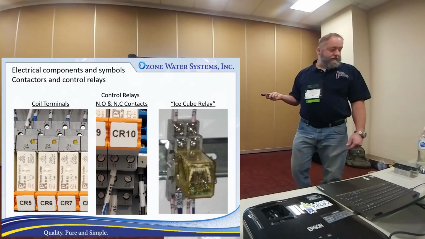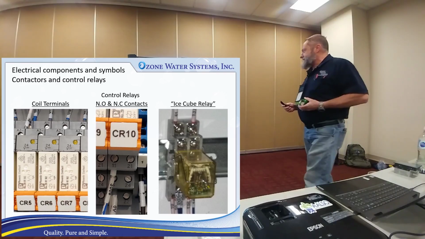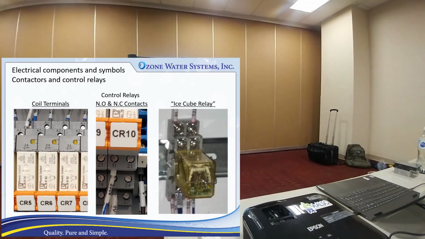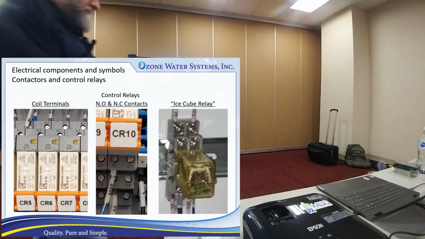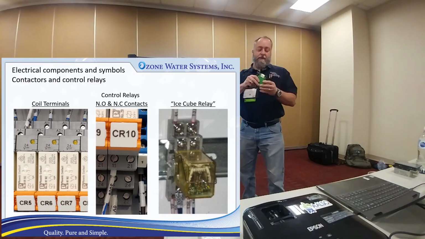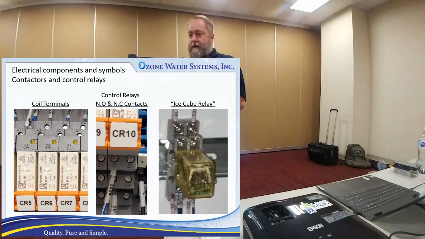Then we get into the control relays. Very similar to a contactor. Pass a couple of these around. There's a dual pole, dual throw. We'll talk about those on the next page, but this wide one has double contacts. This little narrow one only has a single contact.